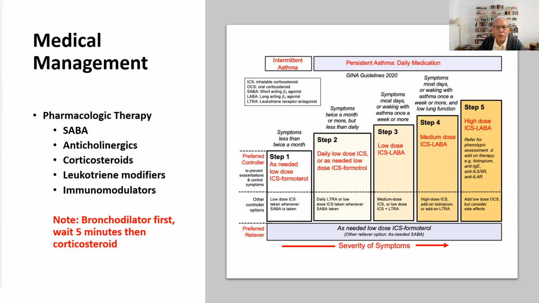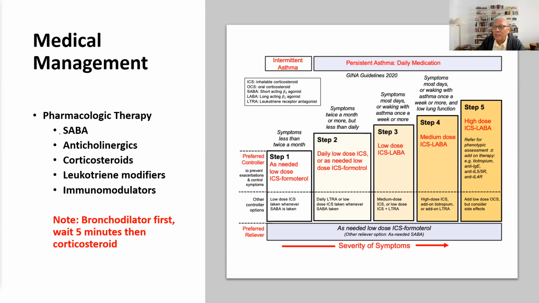These are the medications of choice to relieve the acute symptoms and prevent exercise-induced asthma. Examples of your SABA would be albuterol, which could be Proventil, for example, Ventolin, Accuneb, or levalbuterol or Xopenex. These are short-acting beta agonists.